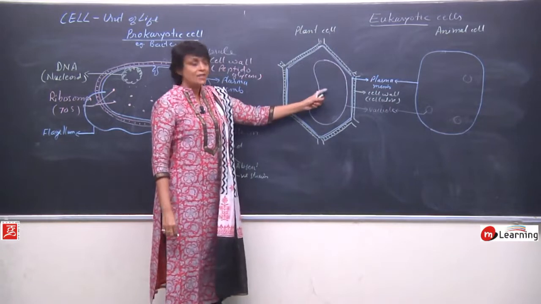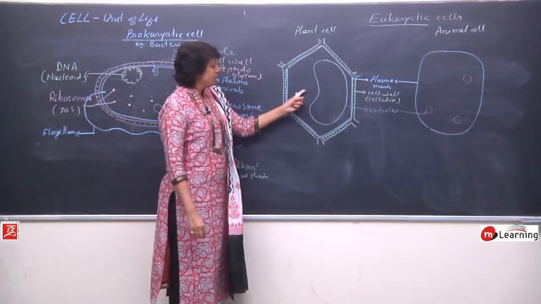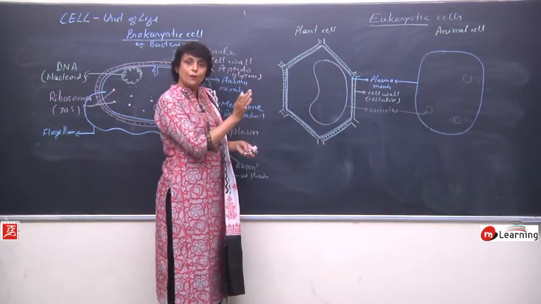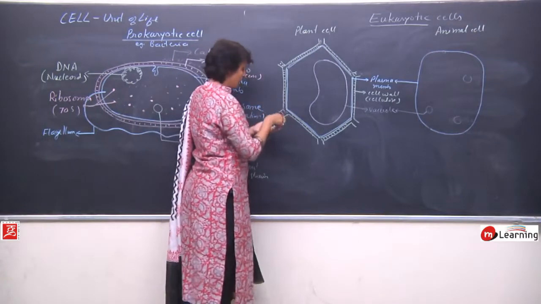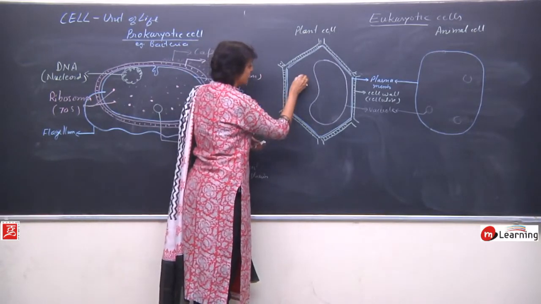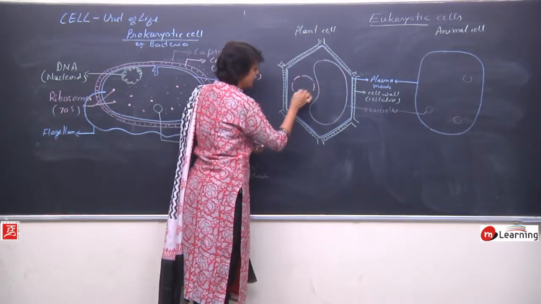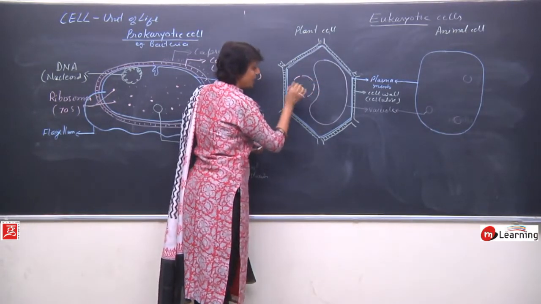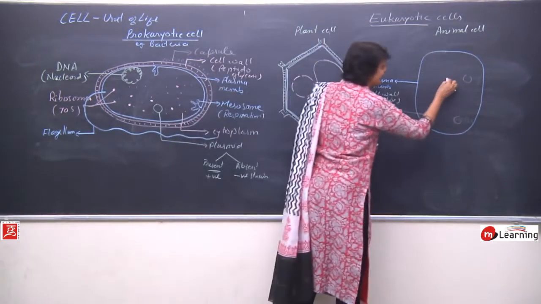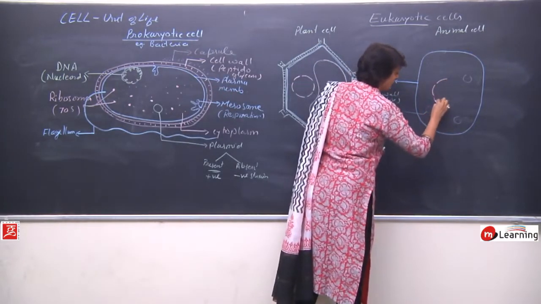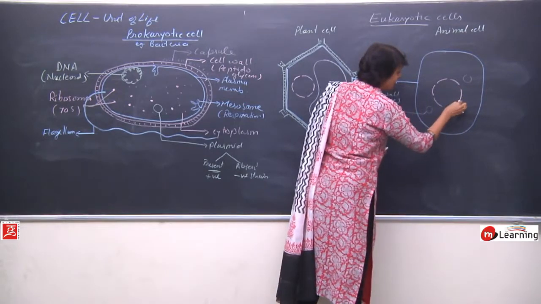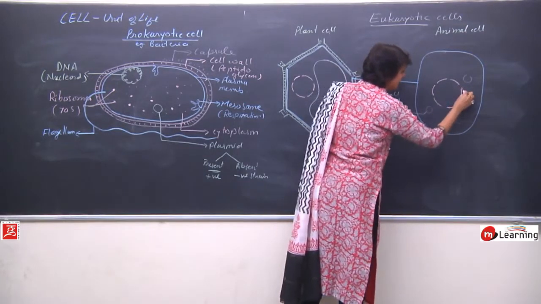Because of this large vacuole in a plant cell, the nucleus gets shifted to one side. So in plant cells, we find that the nucleus is shifted to one side, whereas in case of animal cell, this nucleus is normally centrally placed. It is large and is centrally placed.